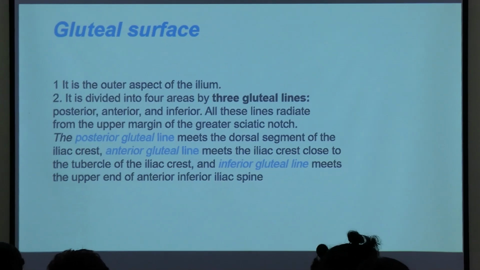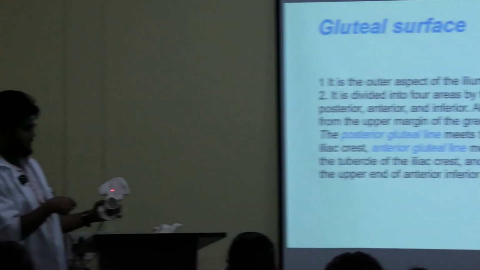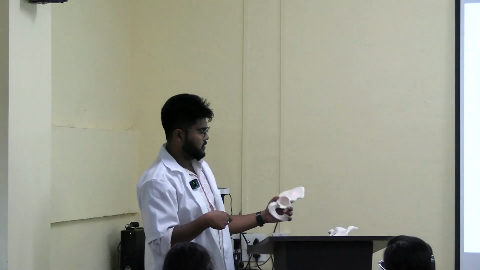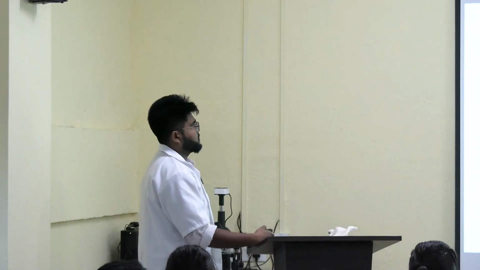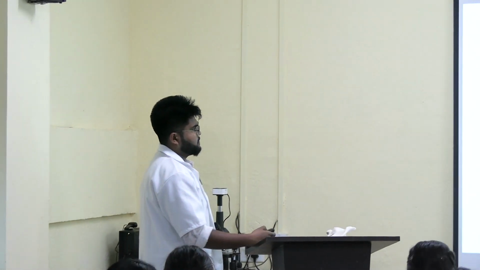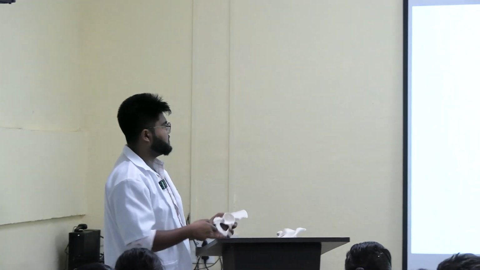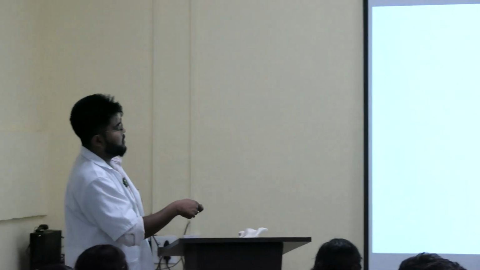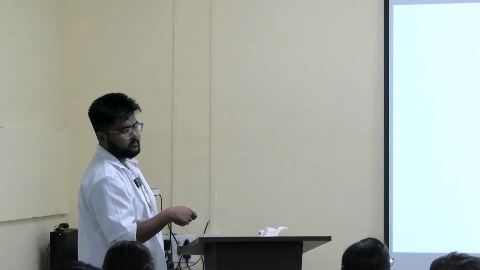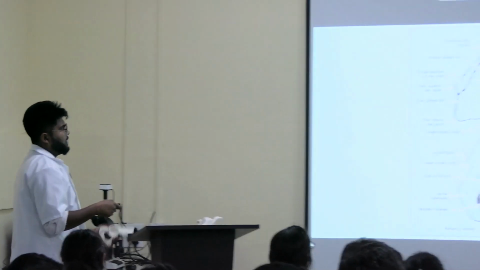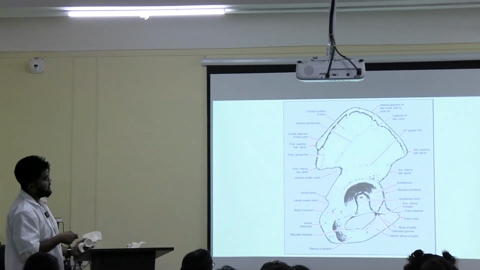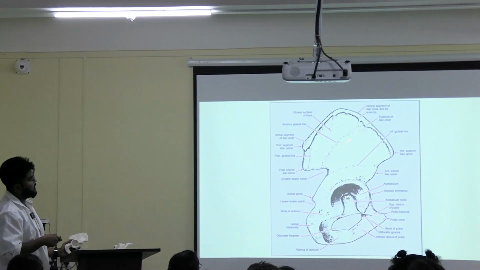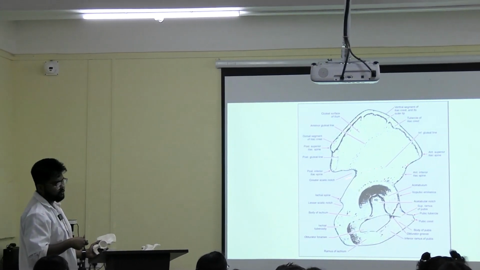See, next is the gluteal surface. This surface is called the gluteal surface. You can see here, this is called the greater sciatic notch. By the presence of three gluteal lines, this is called the posterior gluteal line, this is called the anterior gluteal line, and this is called the inferior gluteal line.